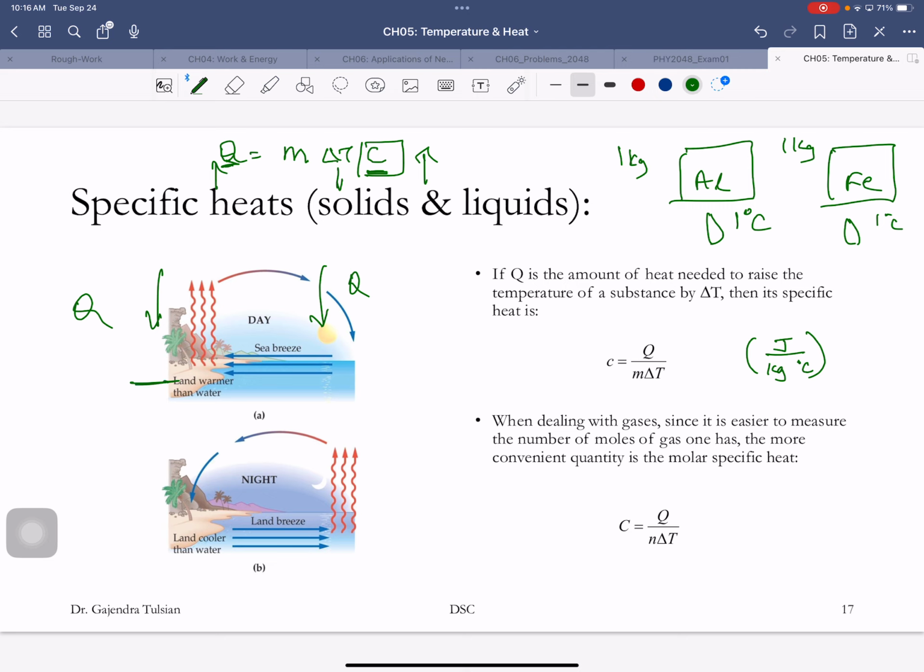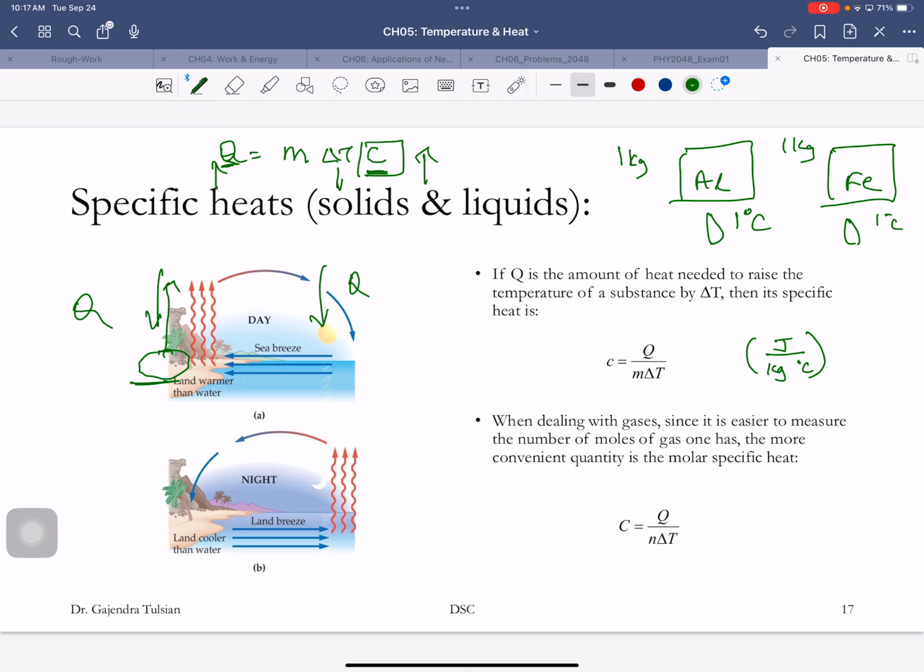Land will get hotter. The air here will get warmer, it'll expand, and it'll rise up. The temperature of land rises more because it has lower specific heat. So during the day, here's the ocean, here's land. This gets warmer, the air gets warmer, it expands and it rises.